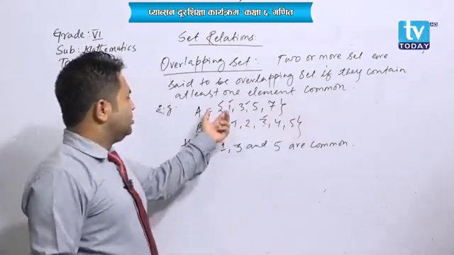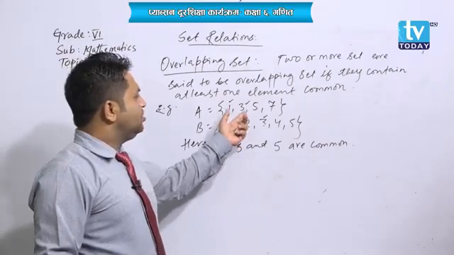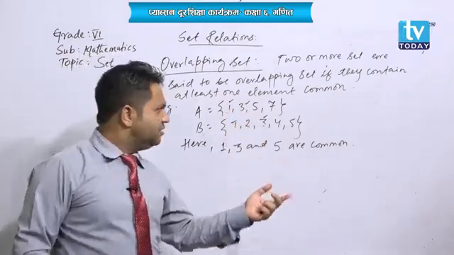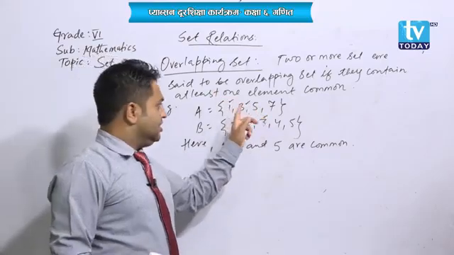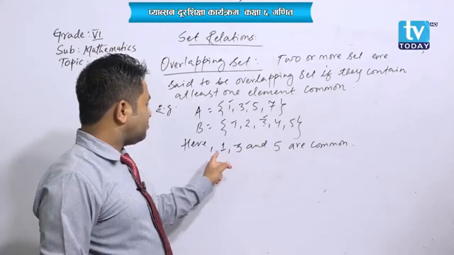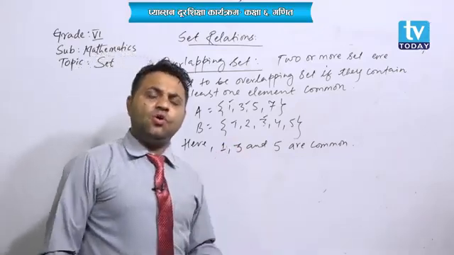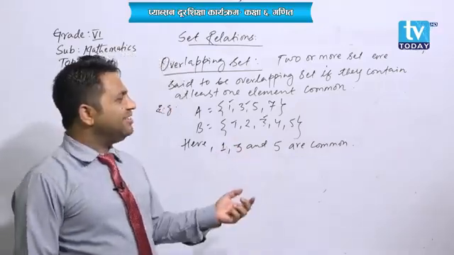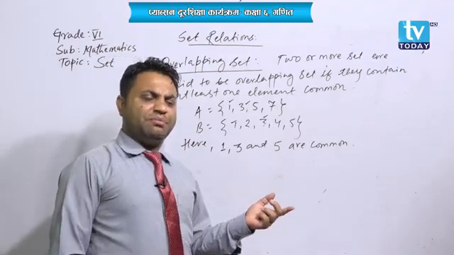So 1 is in set A as well as in B, 3 is in set A as well as in B, and 5 is in set A as well as in set B. So this type of sets are called overlapping sets if they contain at least one element common.